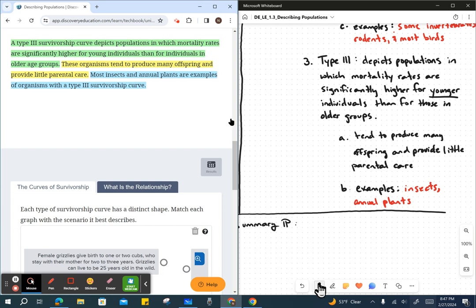We would draw our lines. And if you're starting off with a high population, you're going to see your population drop off significantly when you're young.